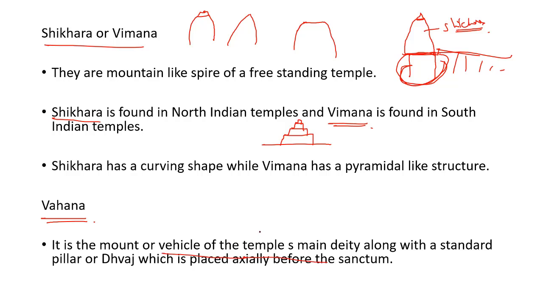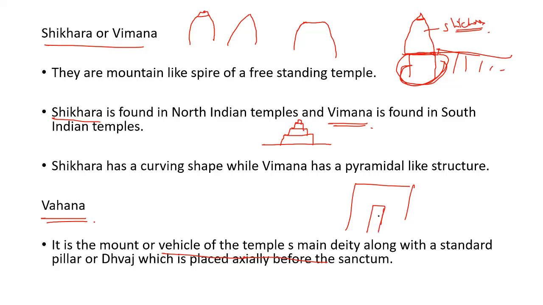And this Vahana is constructed just before the sanctum, or the Garbhagraha. We can see, right? If we look to the God, we can see the God here. See, this is the Garbhagraha and this is the gate.